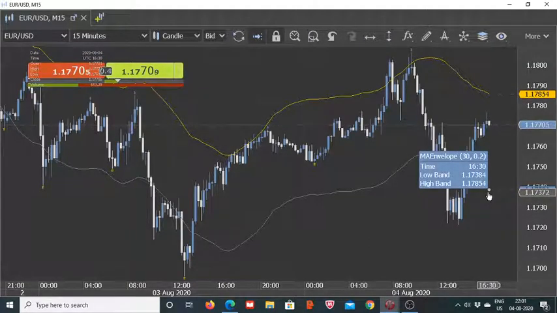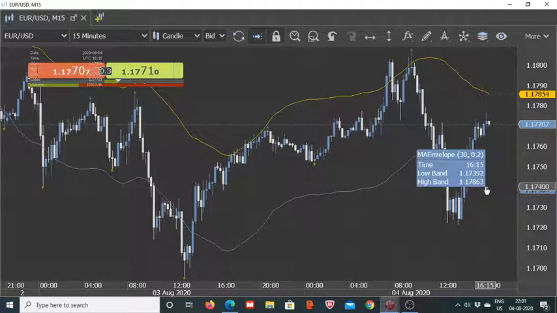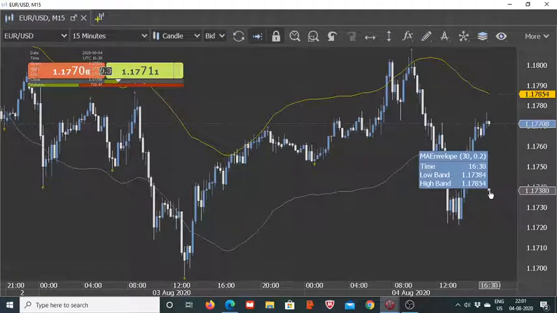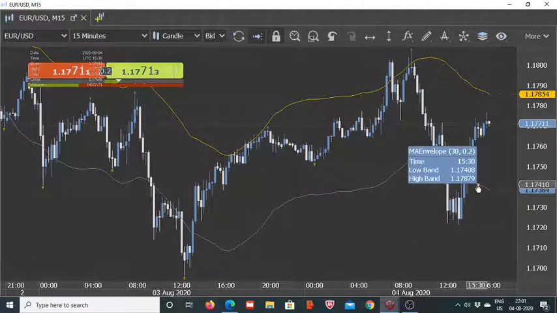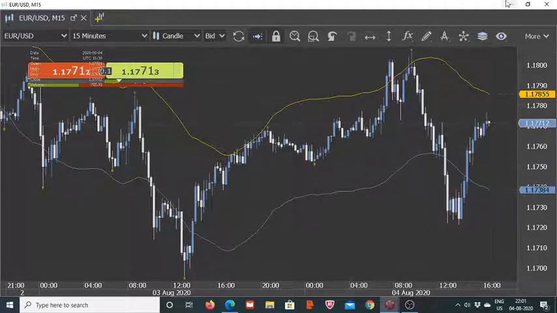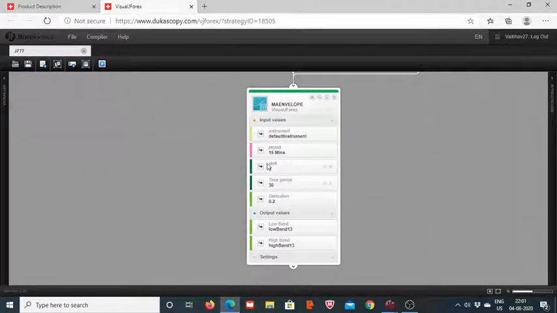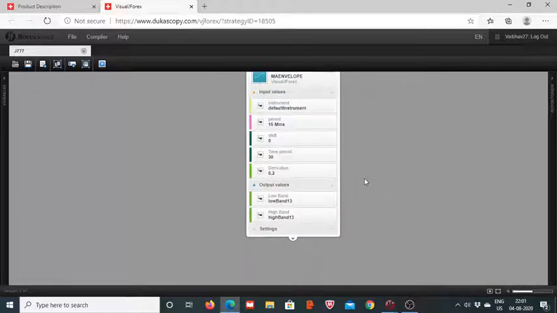If we use 5, then we will be going back 5 candlesticks in time. Now this is 15 minutes each, so that means we will be going back in time by 1 hour 15 minutes, and we will see what the value of these MA envelope bands was, the lower band as well as the higher band, and that value will be taken into consideration. So that's how we use the shift parameter, the shift input variable.